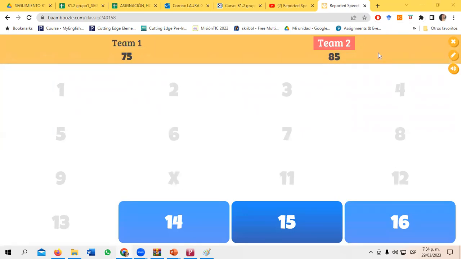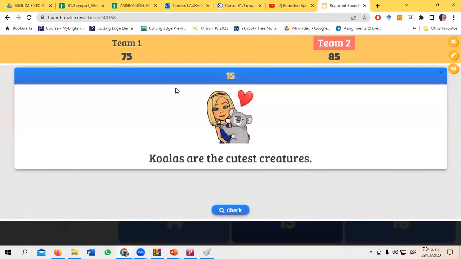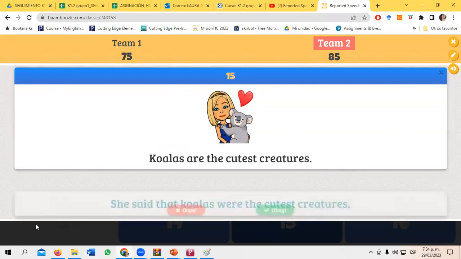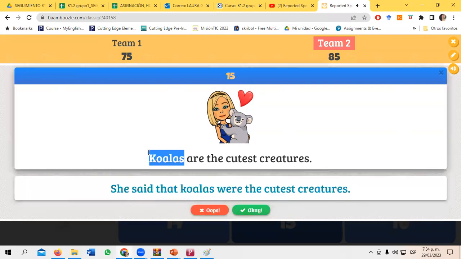Yes, teacher. All right. Choose a number. 14. Okay. "Koalas are the cutest creatures." She said koalas was or are the cutest creatures. Yes, the cutest creatures. It's plural.